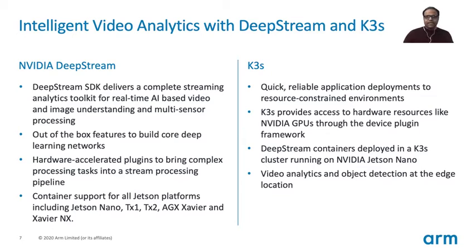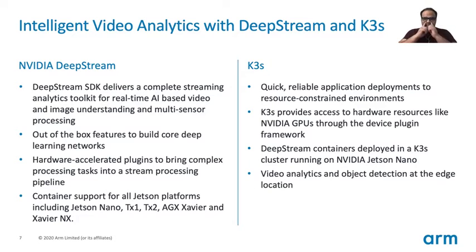So these DeepStream containers deployed in a K3s cluster and running on an Nvidia Jetson platform, in this case Nano, would give us a mechanism to achieve orchestration level details and performance on these small devices.